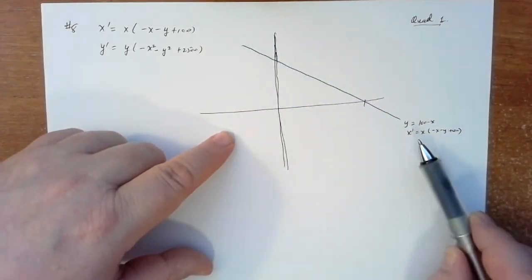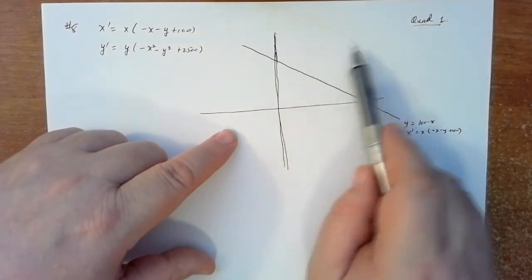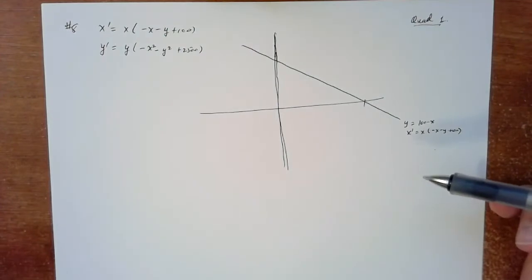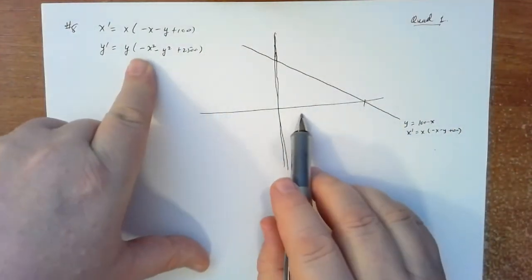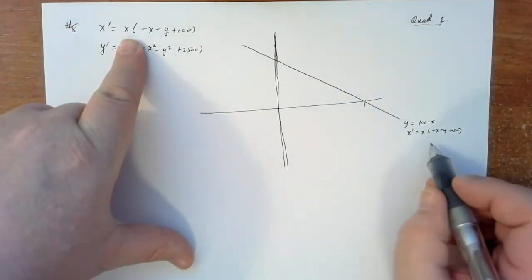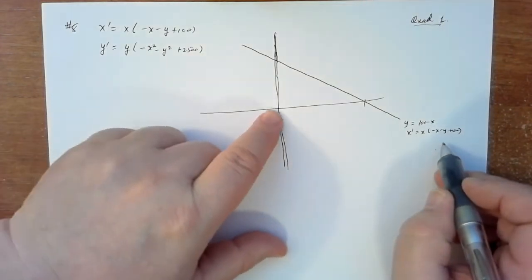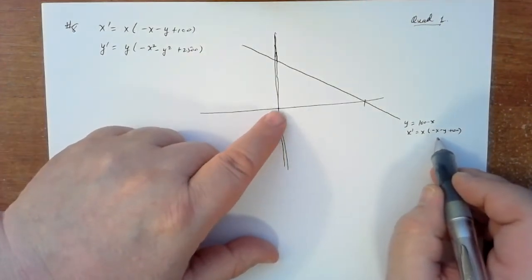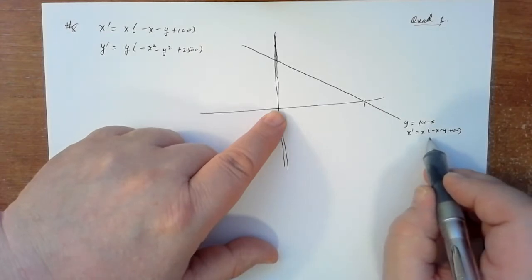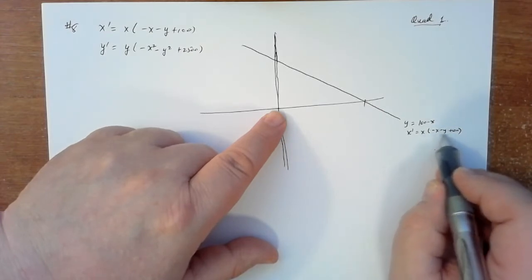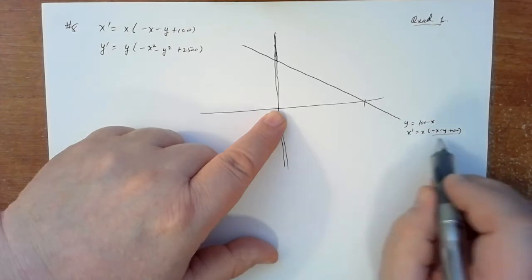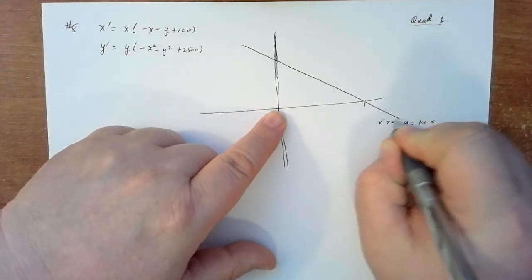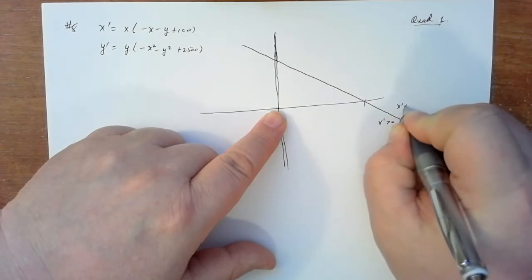But we don't have to do that in this case because we're only staying in the first quadrant, so it's only going to be above and below the line that we have to worry about. And x we can just treat as being positive. So above the line or below the line is always easier because you can get the origin in there. So if you plug in x equals 0, y equals 0, this part is going to be positive. And so x prime is positive below and negative above.